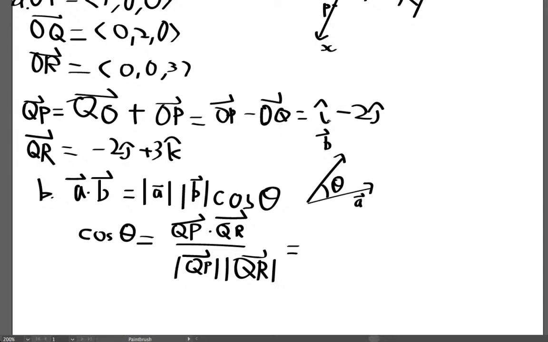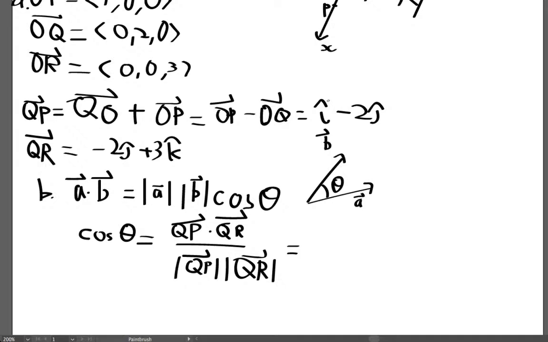For QP it's 1, minus 2, 0, that's the vector. And for QR it's 0, minus 2, 3. What you want to do is multiply the x components, add the product of the y components, add the product of the z components.